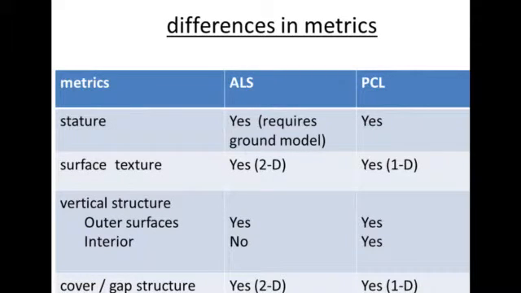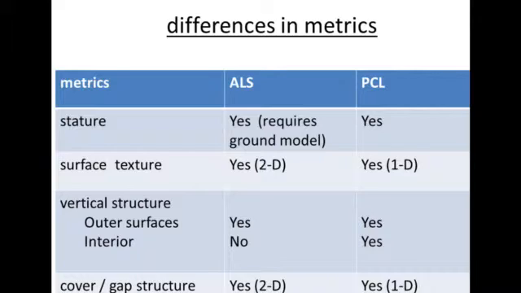And a couple other differences, this time relative to the metrics provided by the systems. Stature, both systems can give you the stature of the outer canopy. In fact, in cases where I make my measurements and airborne systems were available for overhead, the measure of the outer canopy height is very close. Surface texture, both systems can get it.